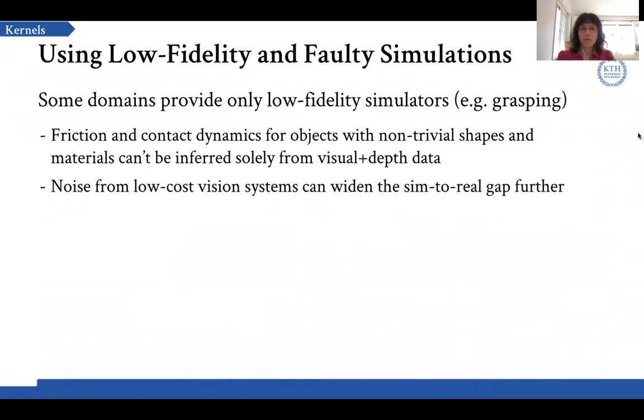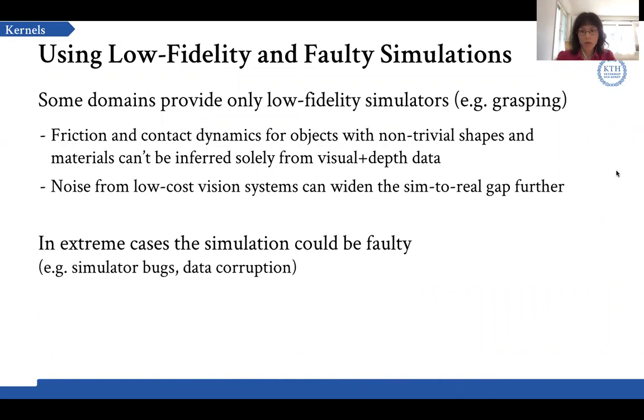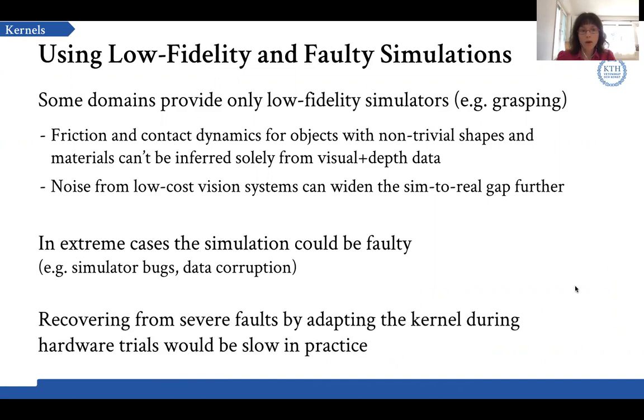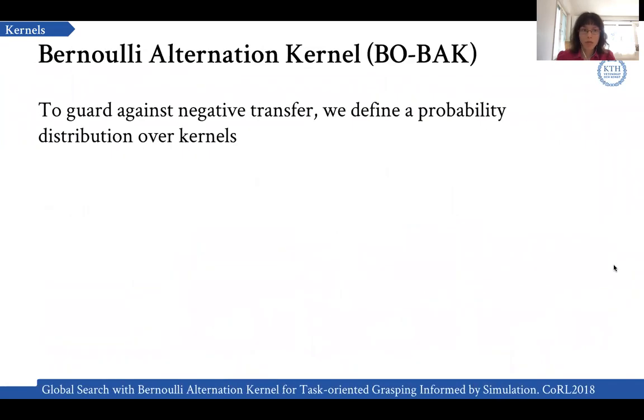Okay. We would also like to be able to handle extremely low fidelity or faulty simulations, for example when our simulation does not have enough information to capture the correct physical phenomenon. We could try to recover from these severe faults by adapting the kernels online, but that might be too slow in these extreme cases.